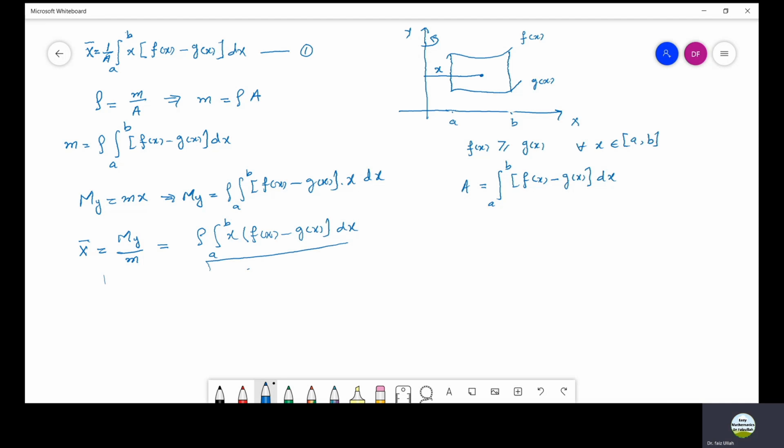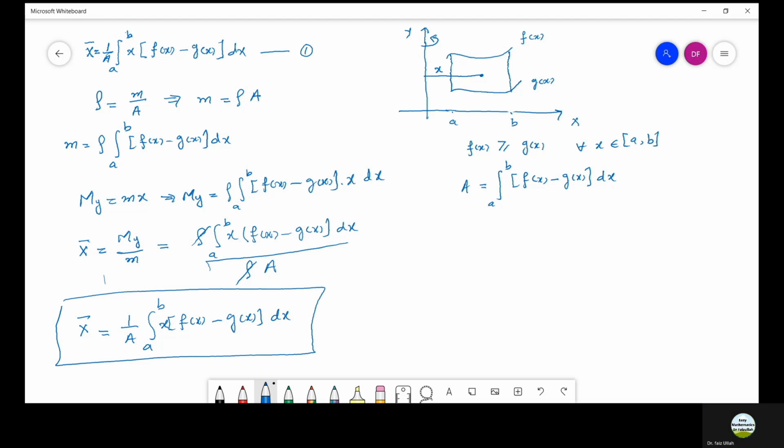And we know that m is equal to rho into A. Now rho will cancel with rho, and we get x bar is equal to 1 over A times the integration from a to b of x times f of x minus g of x into dx. So that is the first formula which we get by using these calculations.